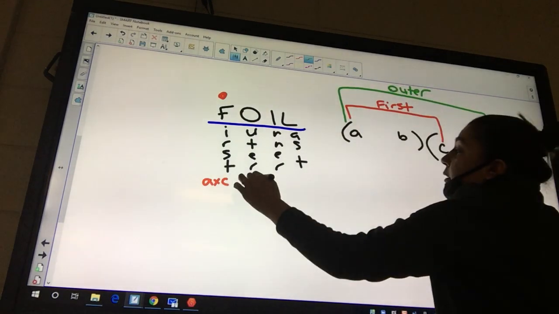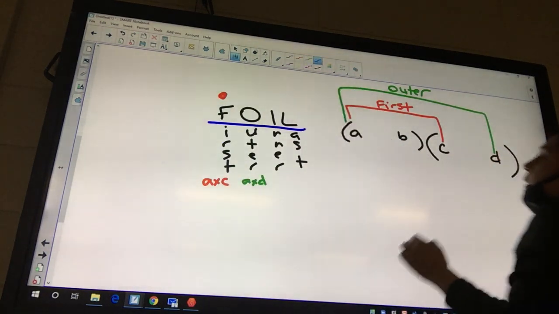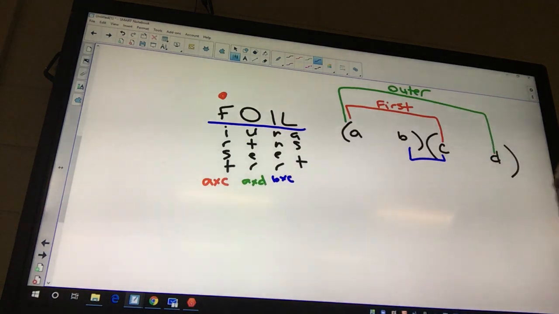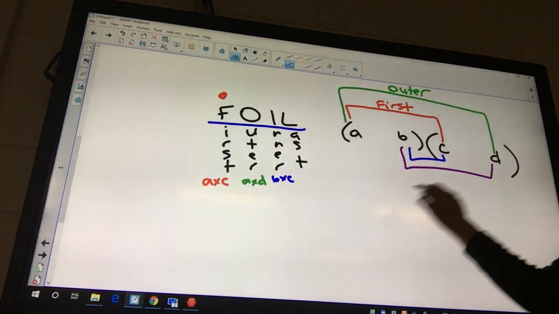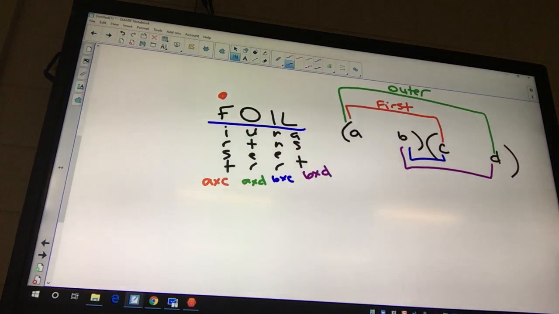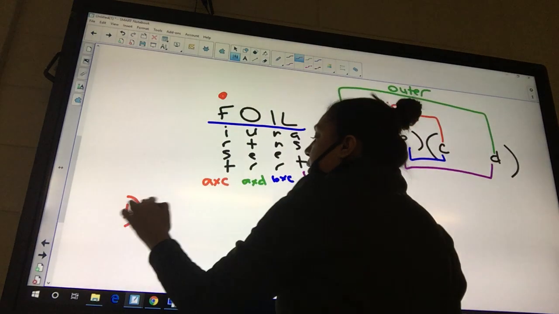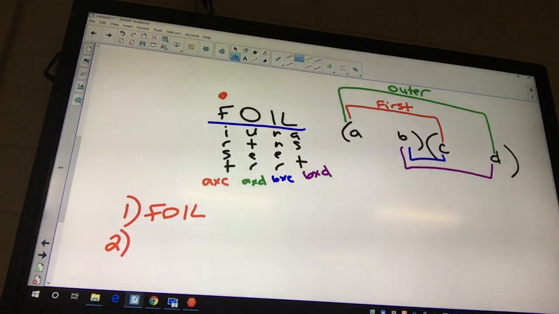Would be A times D. The inner is going to be B times C. And then the last is going to be B times D. So you're going to FOIL it all out, and then what would be your next step? If we were writing steps, you're going to FOIL. What's your second step always? Even when we do it with distributing, what's your second step? Combine like terms. All right.